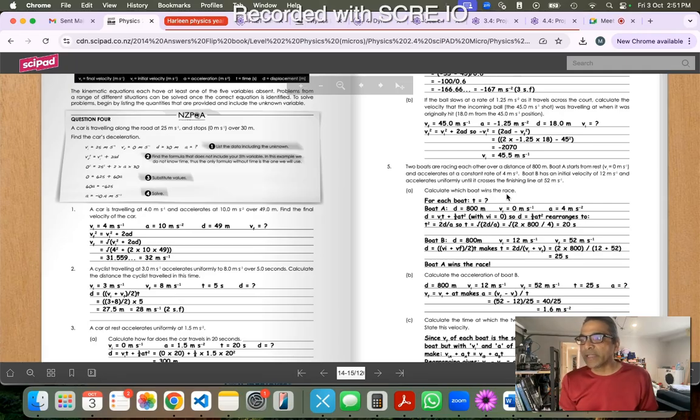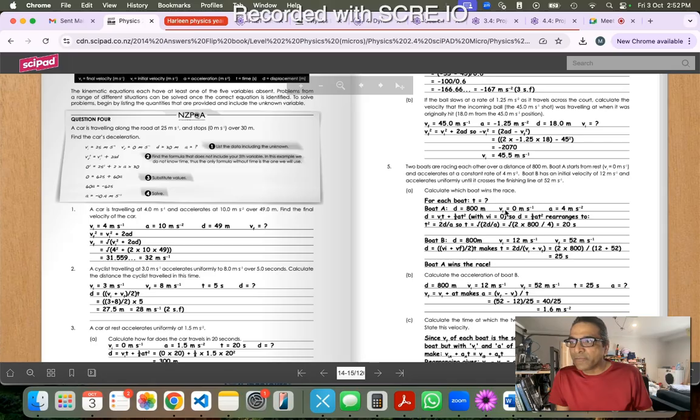So we need to say that whichever reaches first has less time, right? So we need to calculate the time. Let's see what is given and how we can do that. For each boat, we have to calculate the time. So for both boat A and boat B, D is 800 meter, right?